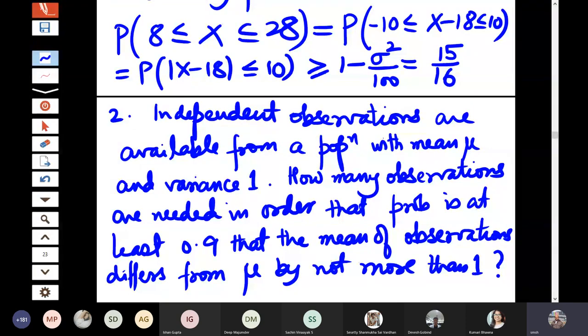How many observations are needed in order that the probability is at least 0.9 that the mean of the observations differs from mu by not more than 1?